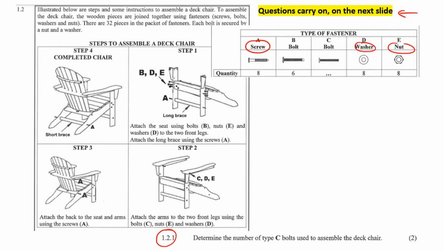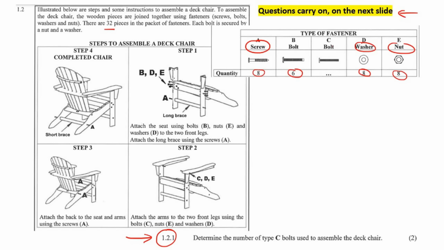There are 32 pieces in the packet. Each bolt is secured by a nut and a washer. Okay, so for the first question, determine the number of type C bolts. Now remember, they tell us that altogether there are 32 pieces. So there's 8 here, 6 here, 8 here, 8 here.